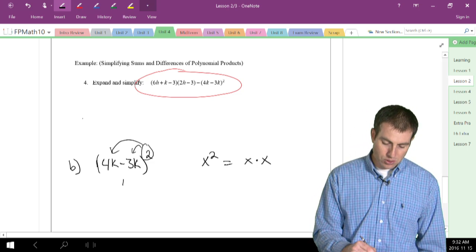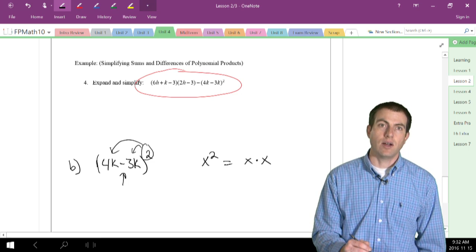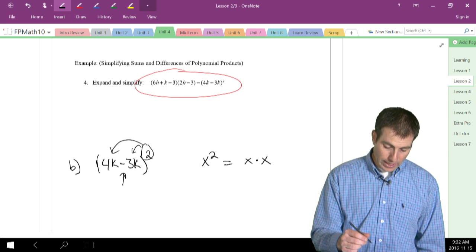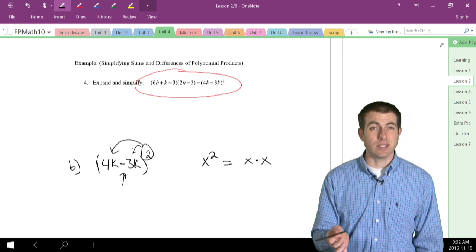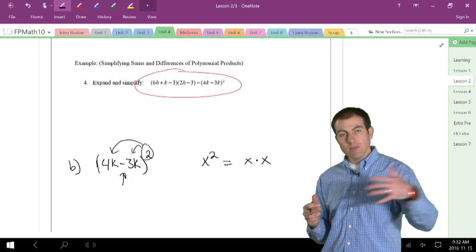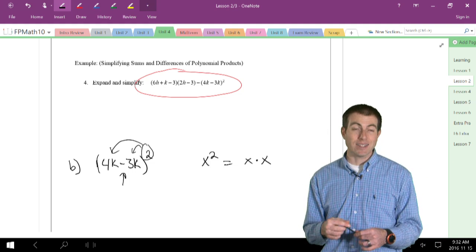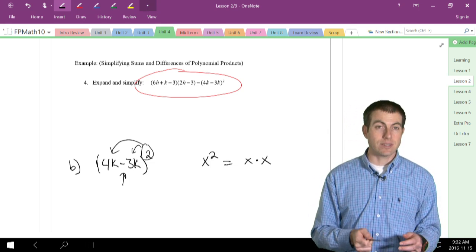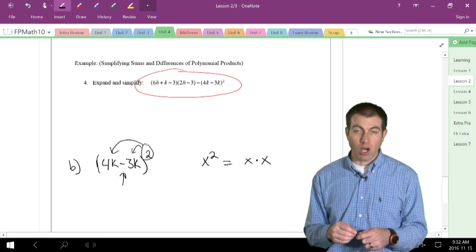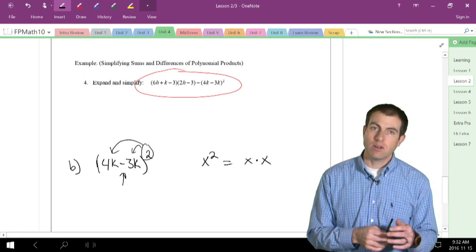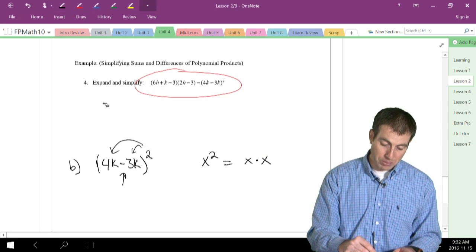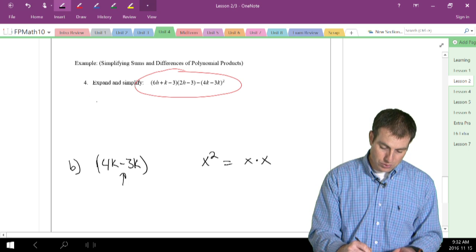Well, in the last unit, we didn't have binomials that were being added or subtracted. We had just things inside the bracket. So the reason we can't just give the exponent to everything inside the brackets is if there's addition or subtraction inside the brackets, it doesn't work that way. And it is one of the most common math mistakes students will make from grades 10 up through even into university.